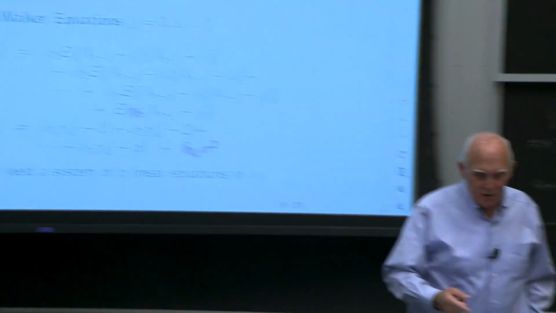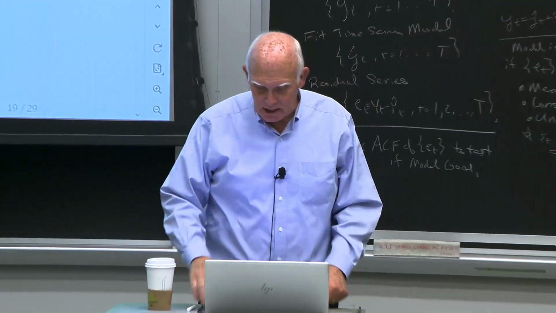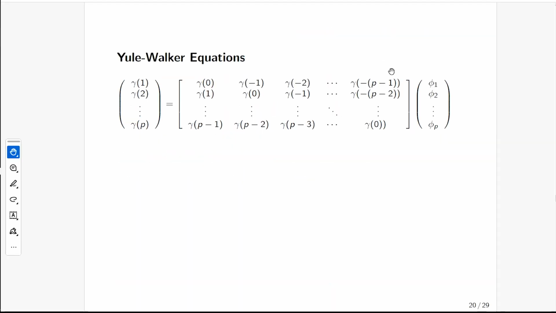And if we consider j equal to 1 to p, we get a system of p linear equations in the phi j's. And this is our Yule-Walker equations. Gamma 1 is equal to the first row of the matrix times the vector of phis, and so forth.